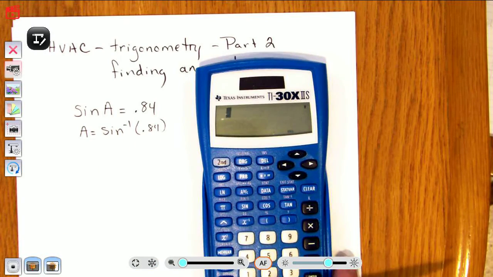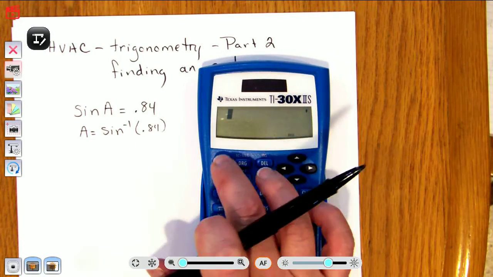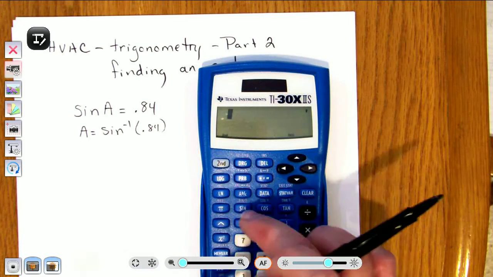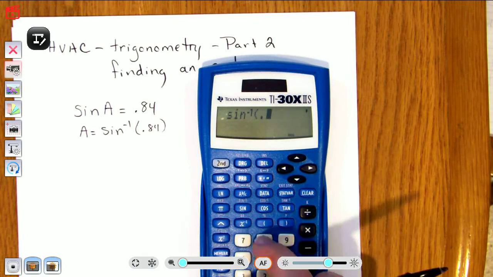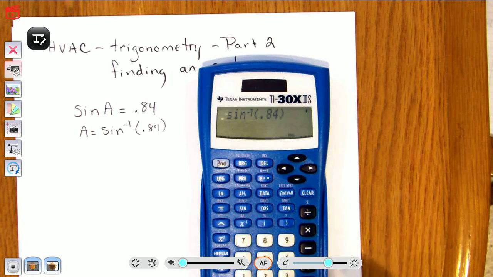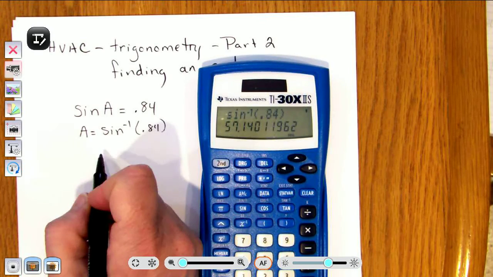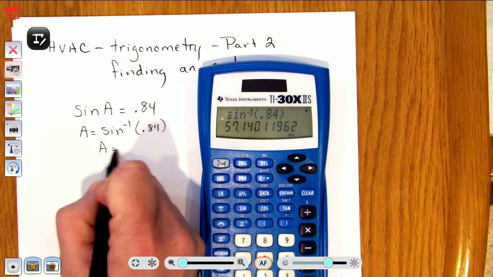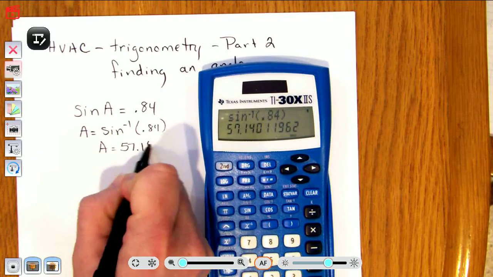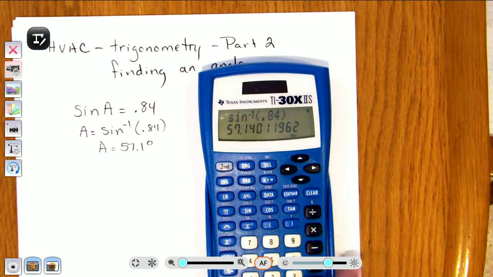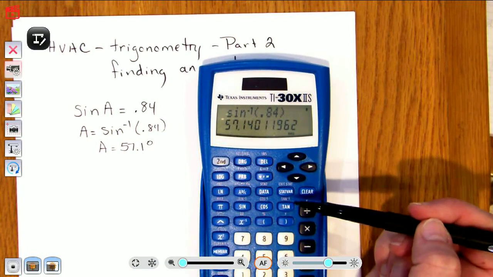So I'm going to be undoing that sine piece. So I'll be hitting the second function, my sine function, typing in that 0.84, and then it'll spit out that this is a 57.1 degree angle. Okay, and there are inverse cosine and there's an inverse tangent.